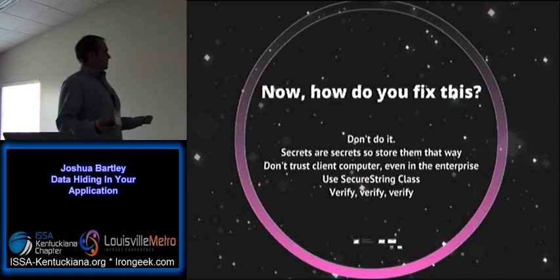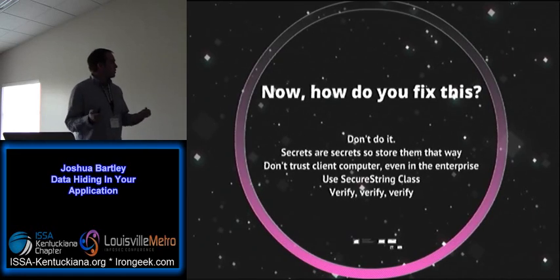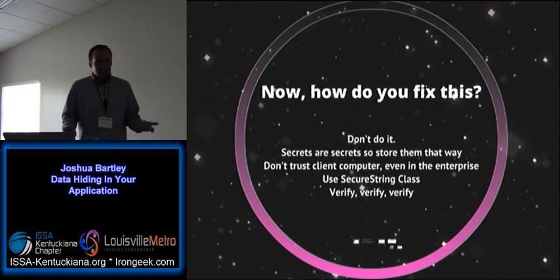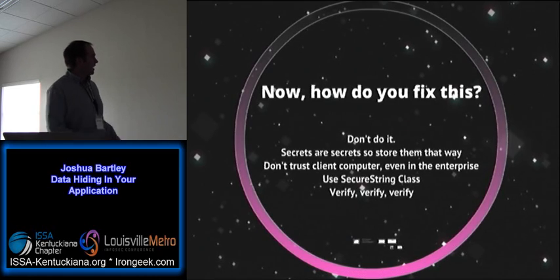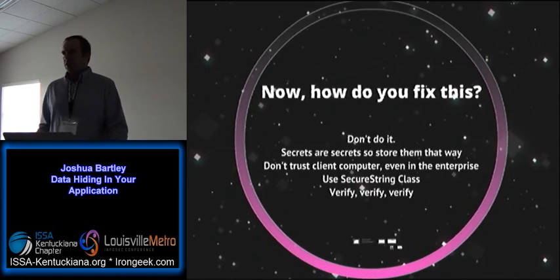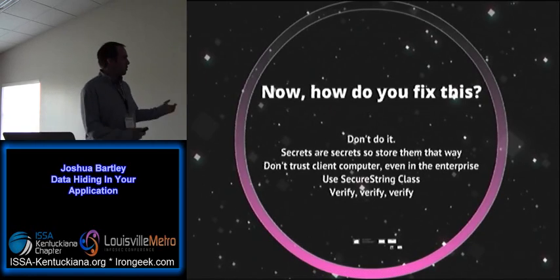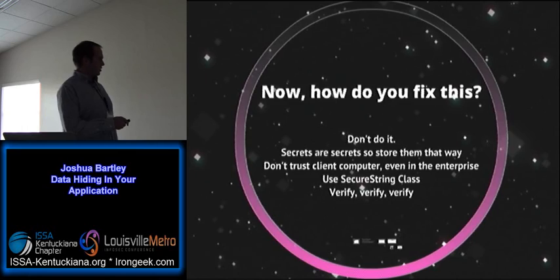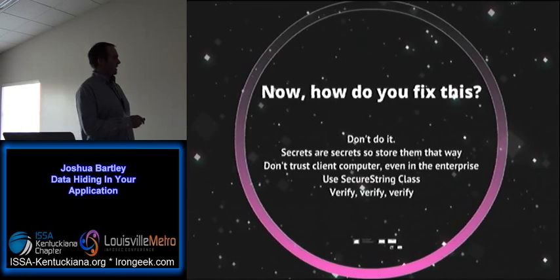So, great point: how do you fix that? One, don't do it. If it's a secret, it's a secret. Store it that way. Don't trust client computers. From the keynote talk, 40% of breaches are from internal employees, and those internal employees are running on client computers in the enterprise. Use the SecureString class.